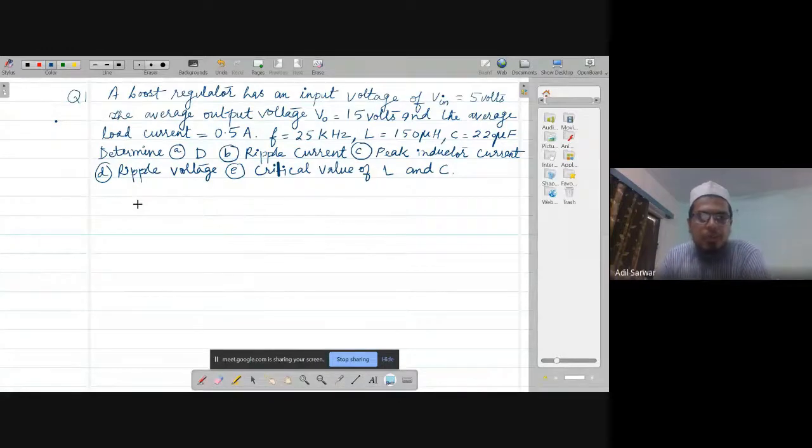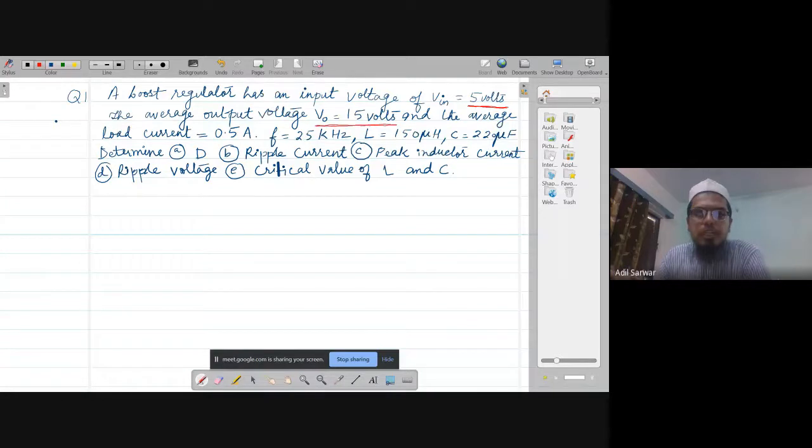Okay. So I have written down one question here, and that is related to the boost converter. I'm reading it out. A boost converter has an input voltage of 5 volts, and the average output voltage is 15 volts.